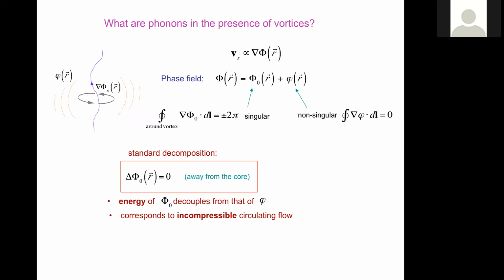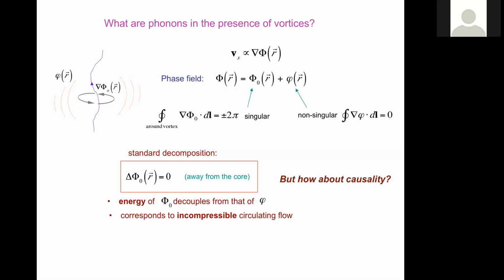Because the solution of the Laplace equation is unambiguously determined by the position of the topological defects. Right? Once you fix the defects, you solve the Laplace equation, and it defines the field phi zero everywhere in the fluid. Okay? But obviously, if your vortex moves, then the field at large distances cannot instantaneously change if you allow for the presence of phonons.